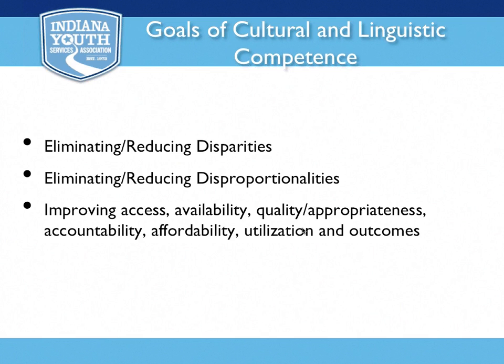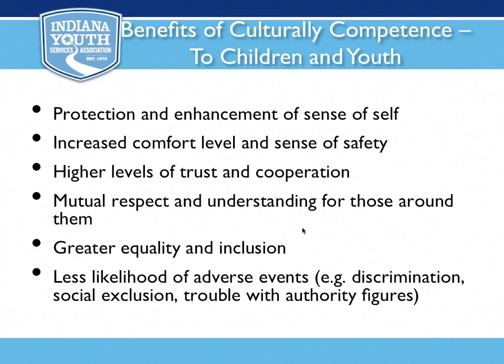Part of cultural competency is to recognize that, for the most part, this is a part of how the system is working with the youth and not the youth themselves, so that we can reduce those disparities and make all services available to all youth, regardless of color, ethnicity, or sexual orientation, so that we can be effective with all of the youth that we work with. Those are the goals around cultural competency.